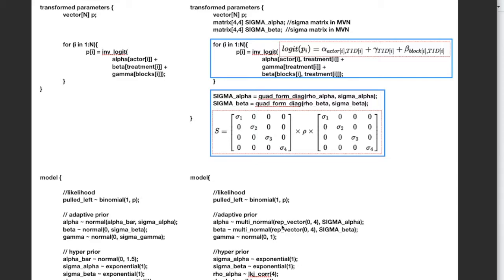The purpose of this repeat_vector is the same as the alpha bar here. Other hyperpriors like sigma alpha and sigma beta just follow the same distribution, exponential 1. For the two correlation matrices, rho alpha and rho beta, we can just use the LKJ prior we learned in case 1. Here, I set a stronger prior with eta being 4, which means I don't expect to see strong correlation between these parameters.